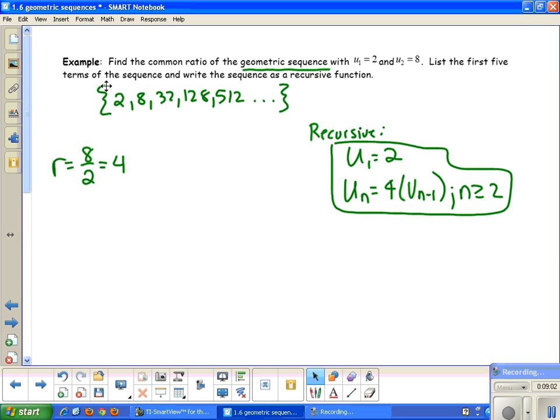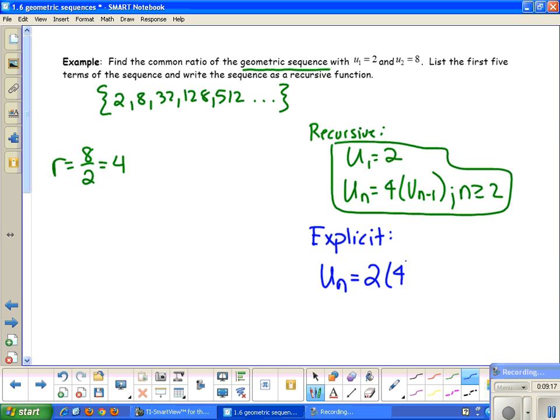And if I wanted to write the explicit, so the explicit form would be to find the nth term, you take your first term, which is 2, multiply it by your common ratio to the n minus 1 for values of n greater than or equal to 1.